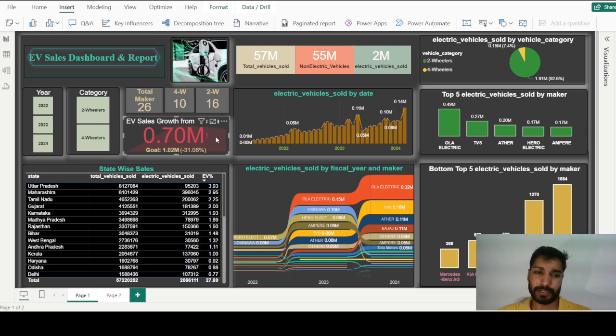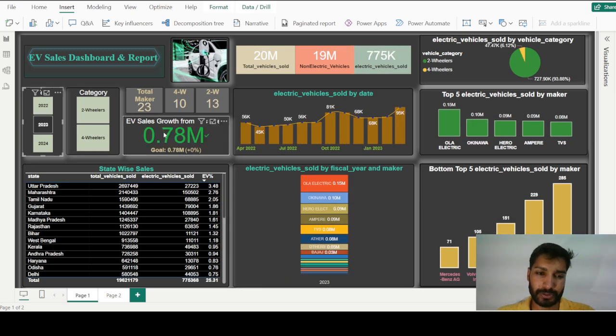Here we can easily analyze our sales data. If I select 2023, I can see we have grown 0.78 million, shown by the green line, so basically here are some plus points for us.